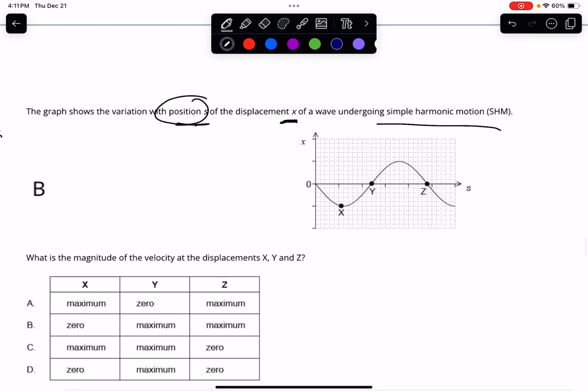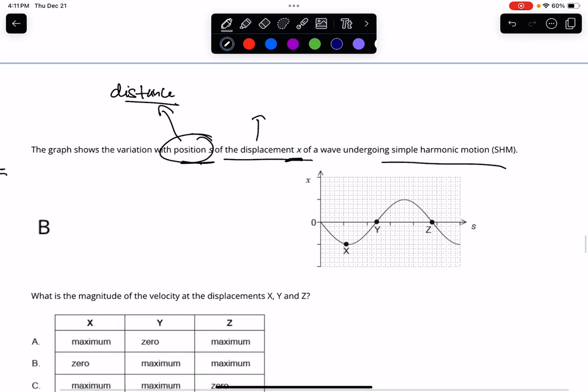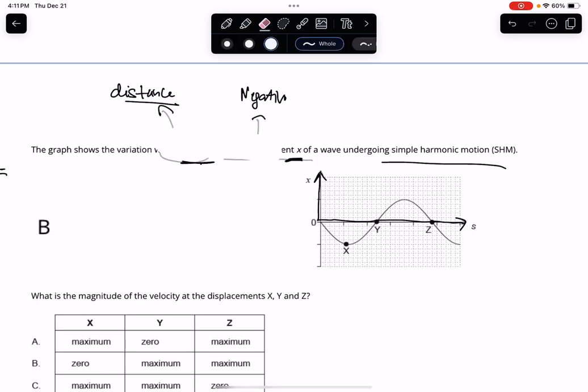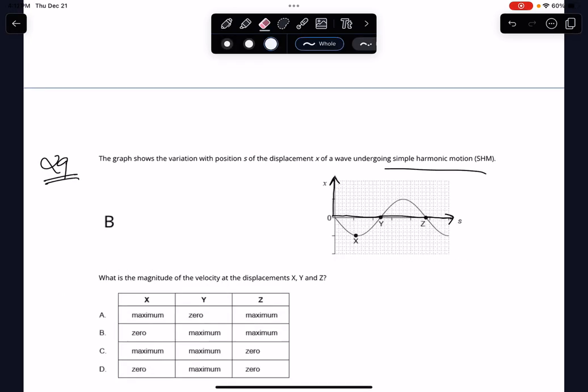So position s of the displacement x. Okay, so position can sort of relate to distance. And as we know, distance is a scalar quantity. So that's why you leave it as positive. And displacement, because it is a vector quantity, can be negative as well. So this is the graph between your displacement and position. Okay? As we can see over here.